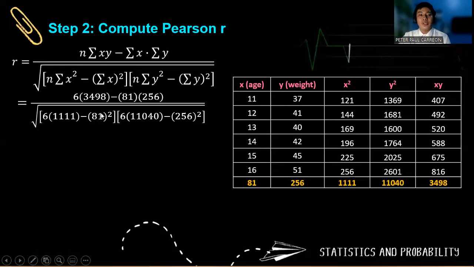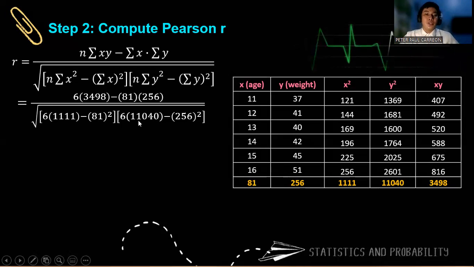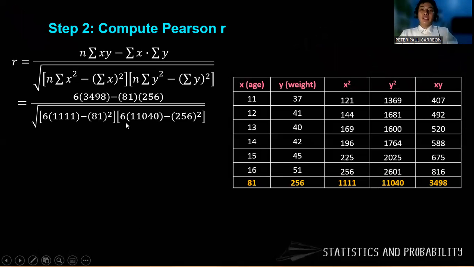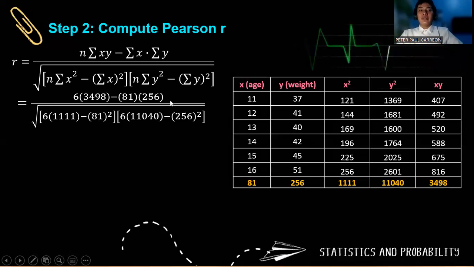Look at how these two symbols are different. And then times the quantity 6 times the summation of 11040 minus the square of 256, which is the second column. If you have a scientific calculator, then you can directly input these values.